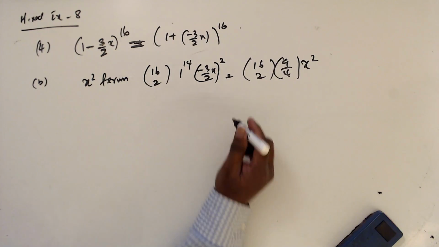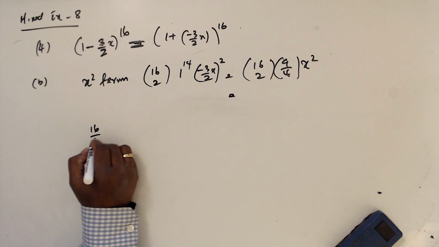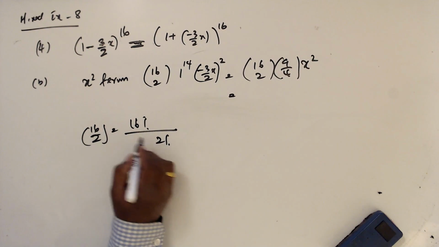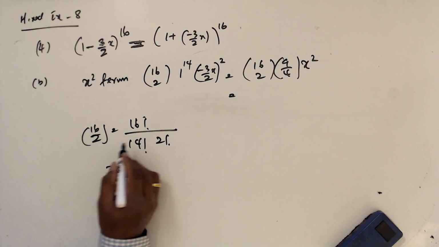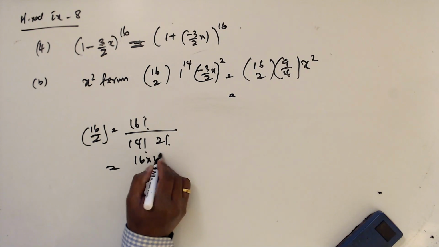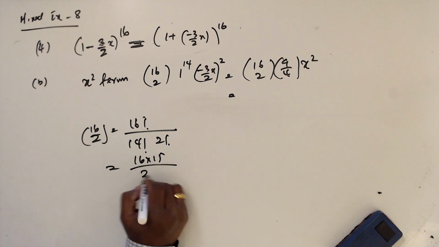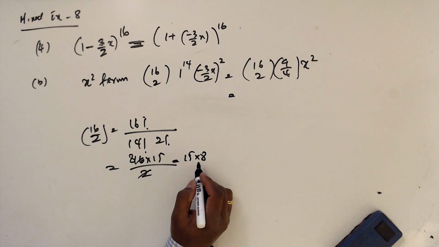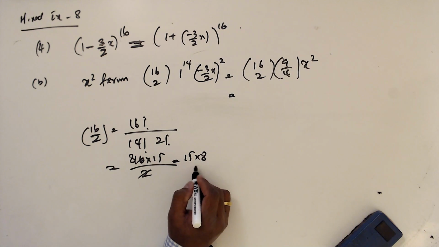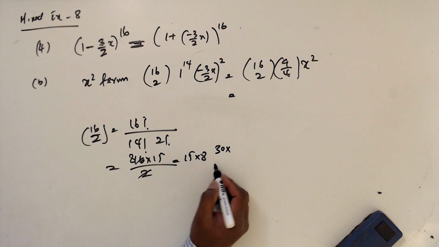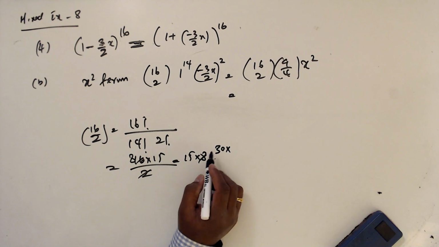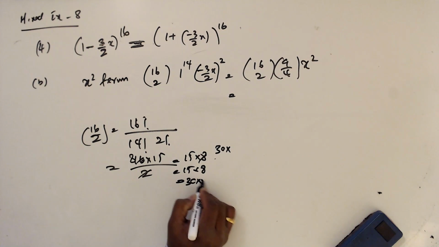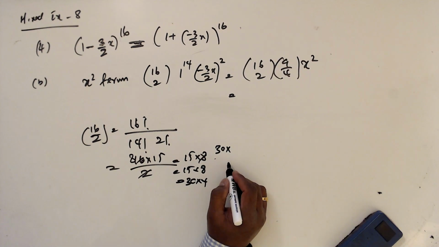Now 16 choose 2 times 9 over 4. 16 choose 2 is 16 factorial over 2 factorial 14 factorial, which is 16 times 15 over 2. This is going to be 8 times 15, 120.